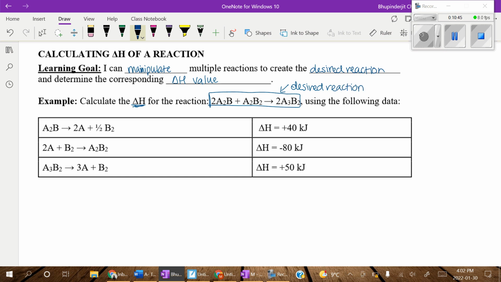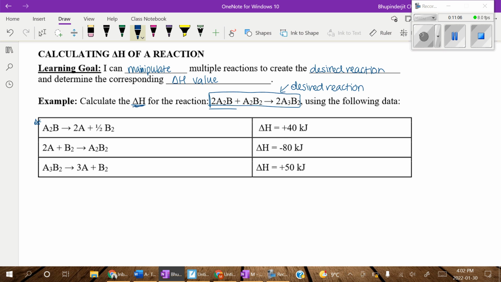So I'm just going to read left to right. First thing is we need to find that 2A2B. So that's this reaction here. And it's already in the right order. The only thing we need to do is double it.